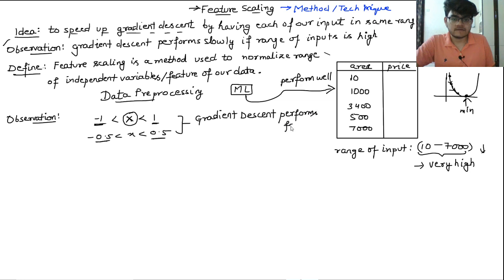You can see here the range of x is from 10 to 7,000, so much higher.